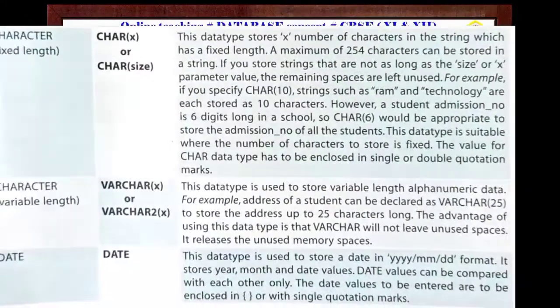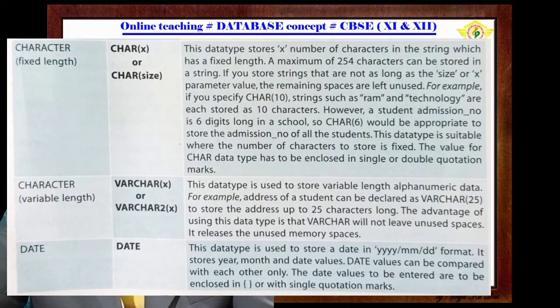Character, or char, we can give a size. This data type stores a string which has a fixed length. A maximum of 254 characters can be stored in a string. If you store strings that are not as long as the size or x parameter value, the remaining space is left unused.